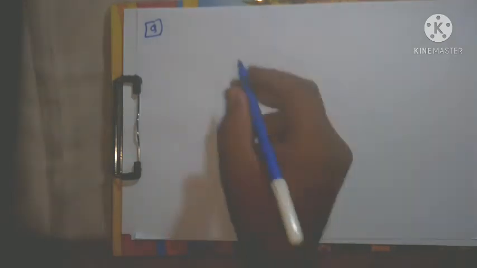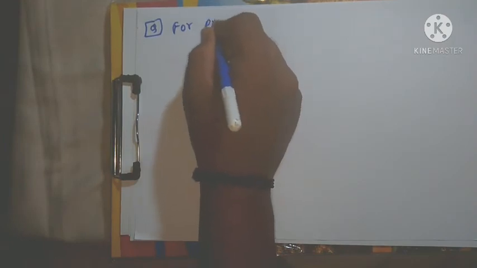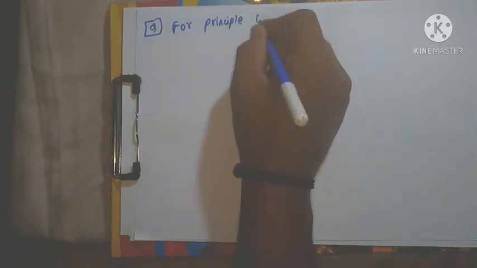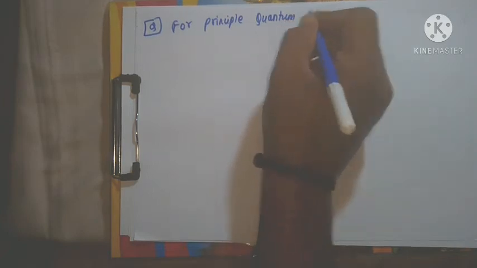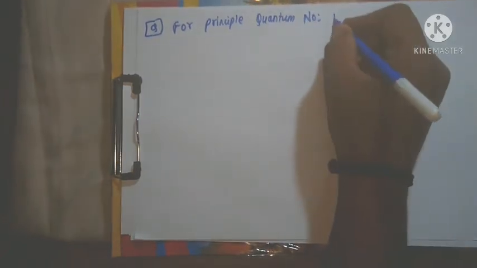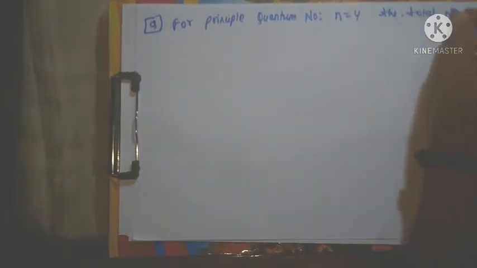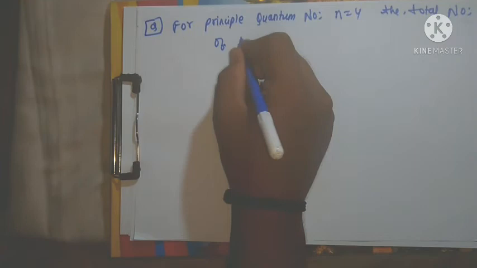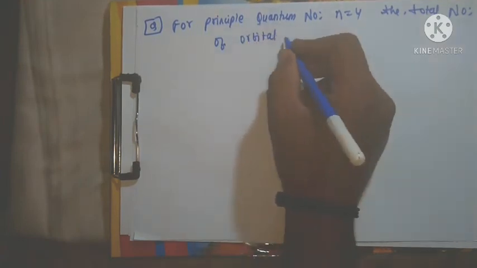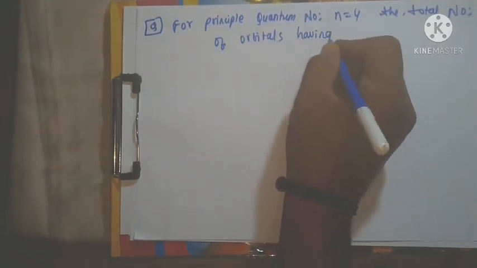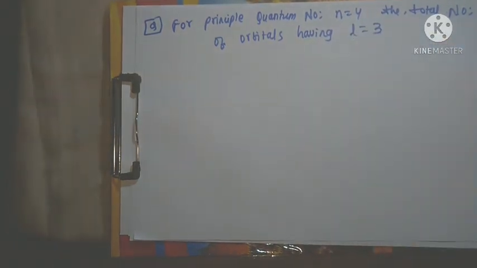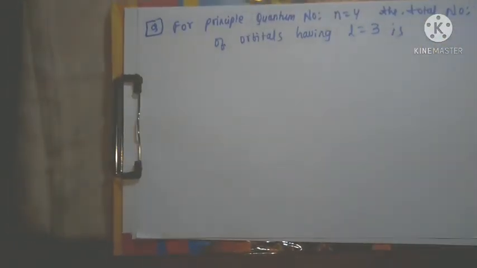Now, next question we will take. Simple one. For principal quantum number n is equal to 4, the total number of orbitals having L is equal to 3 is, options are there.